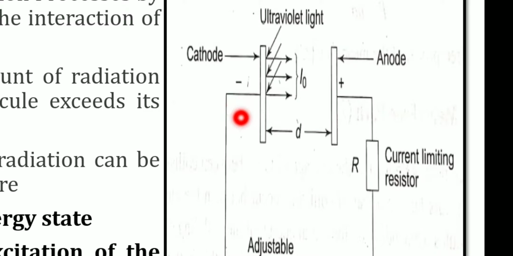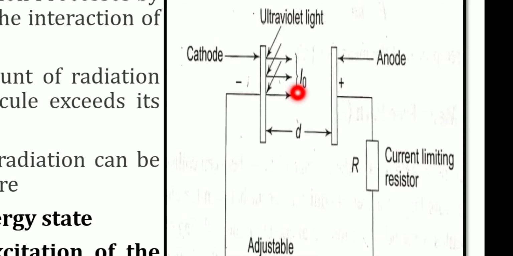The energetic electrons then collide with what? Between these two electrodes, which medium is present? That is the gaseous medium. For example, what did we consider for the gaseous medium? That is air, right? So the gaseous atoms or molecules interact with the energized electrons, which leads to the ionization process.